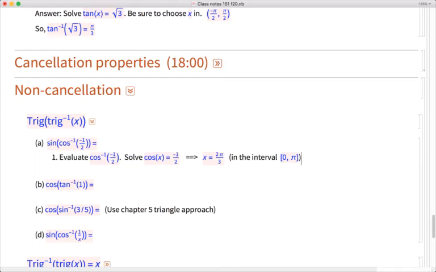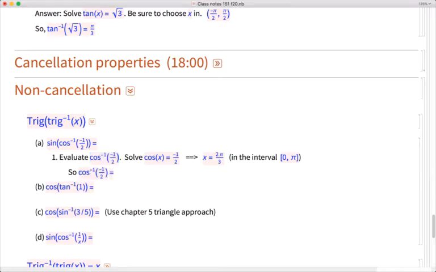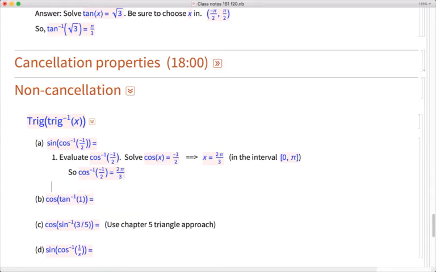Okay, so now what we have is, I think this is in the notes up above as well, but I just want to make it crystal clear if I can. We've evaluated what the inside of this composition is.